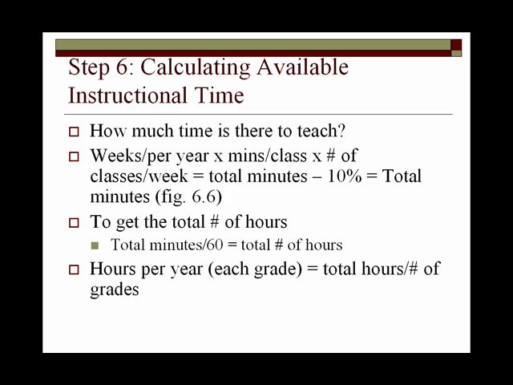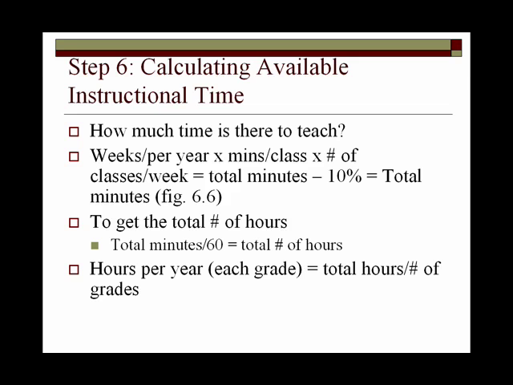So if you're not too sure how to do the minus 10%, you take the total minutes times 0.10, and that gives 10%. So our total minutes is 12,960 minus 1,296. In the book, that shows that the total number of minutes is 11,664.